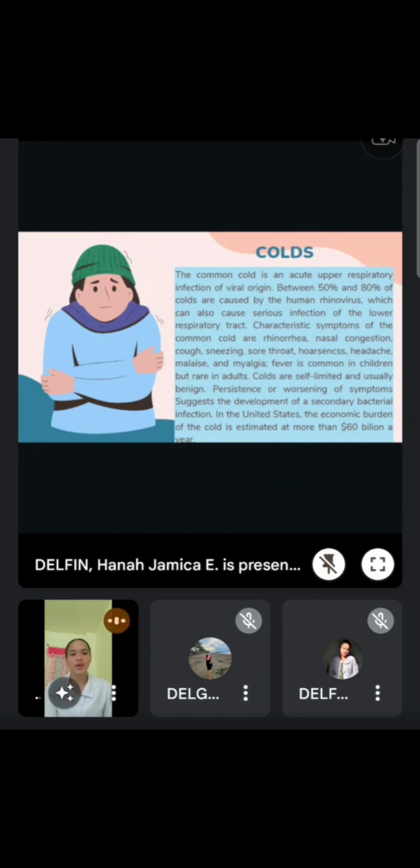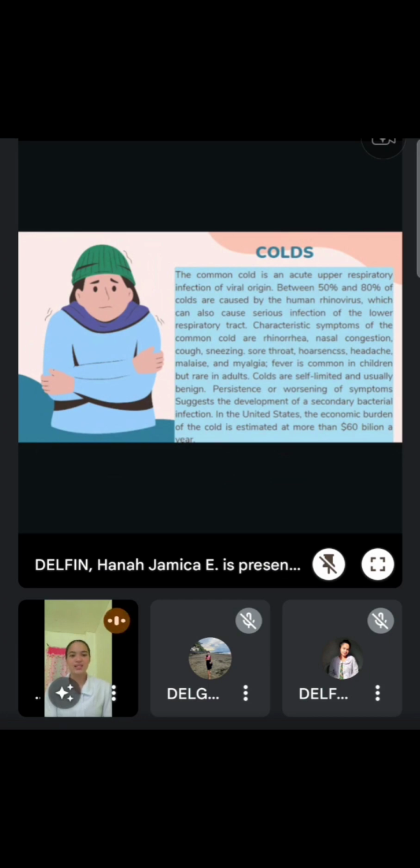Characteristic symptoms of the common cold are rhinorrhea, nasal congestion, cough, sneezing, sore throat, hoarseness, headache, malaise, and myalgia. Fever is common in children but rare in adults. Colds are self-limited and usually benign. Persistence or worsening of symptoms suggests the development of a secondary bacterial infection.